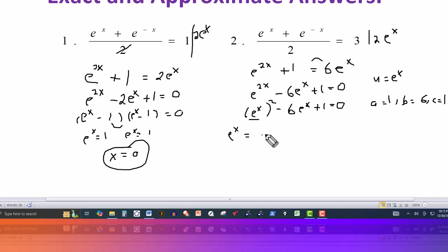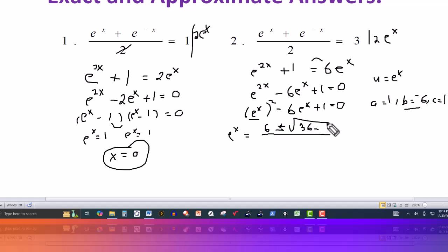the quadratic formula is minus b, and the b is minus 6 here. We've got a is 1, b is minus 6, and c is 1. So for the quadratic formula, it's minus b, but b is minus 6, so that'll give me a 6 here. And then it's plus or minus the square root of b squared, which is minus 6 squared, so this will be 36 here.